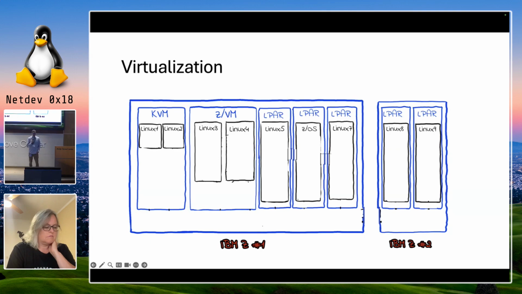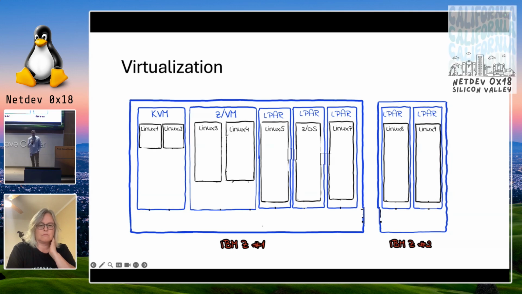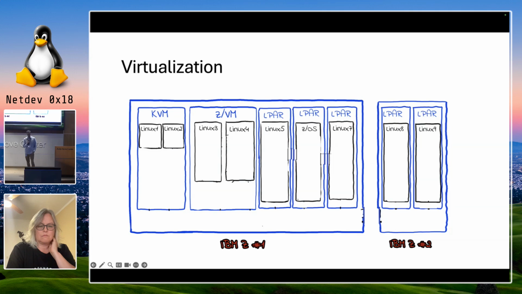You can have a logical partition running Linux with KVM in it, normal KVM as you know it from any other platform, which can run Linux guests inside. Or the classic mainframe hypervisor, z/VM. You see here Linux 3 and Linux 4 running under that hypervisor.